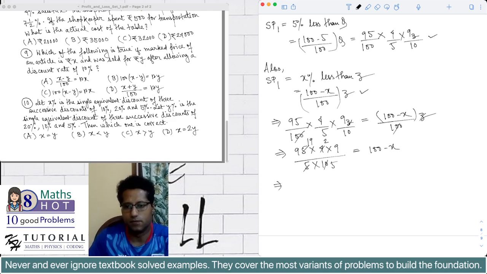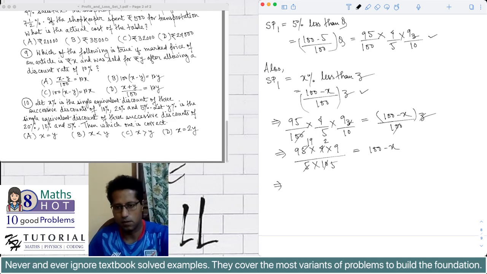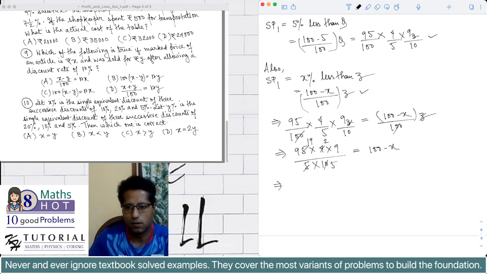So this implies we are getting 19 multiplied by 2, which is 38, multiplied by 9 by 5 is equal to 100 minus X. So this implies 38 multiplied by 9 is equal to 5 multiplied by (100 minus X), which is equal to 500 minus 5x.